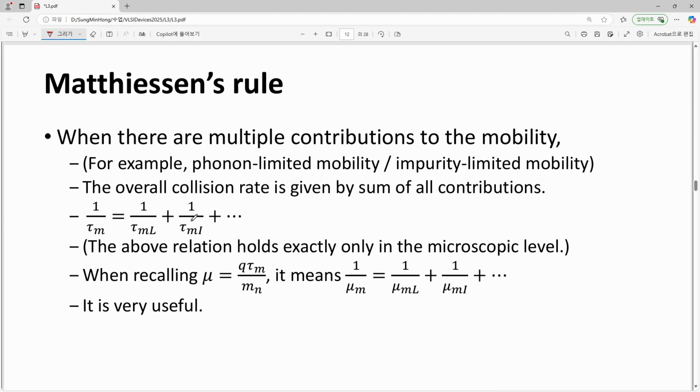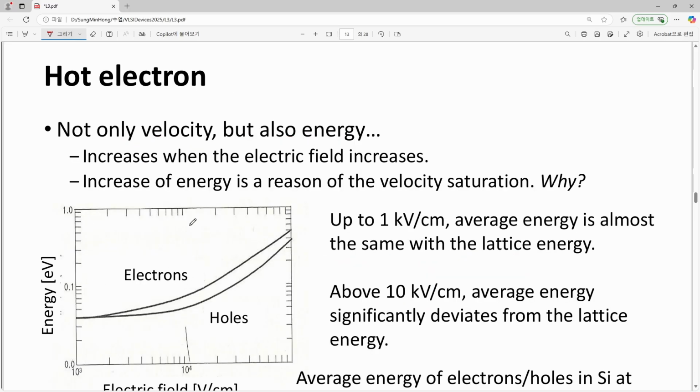So as I showed you in the previous slide, when there are multiple contributions to the mobility, we take the sum of their inverses, and eventually this sum is once again inverted, and that will give us our total mobility.